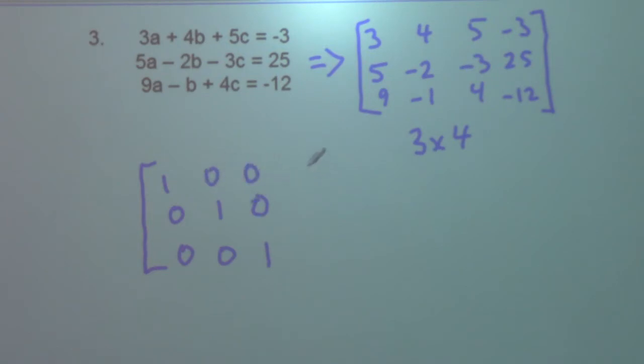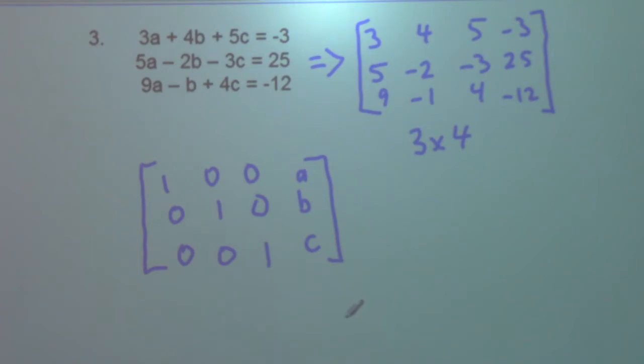In reduced row echelon form, our answers are going to be right here: a number for x, a number for y, and a number for z. In this case they're using different letters, so A, B, and C. We're going to have a number answer for A, for B, and for C right here.